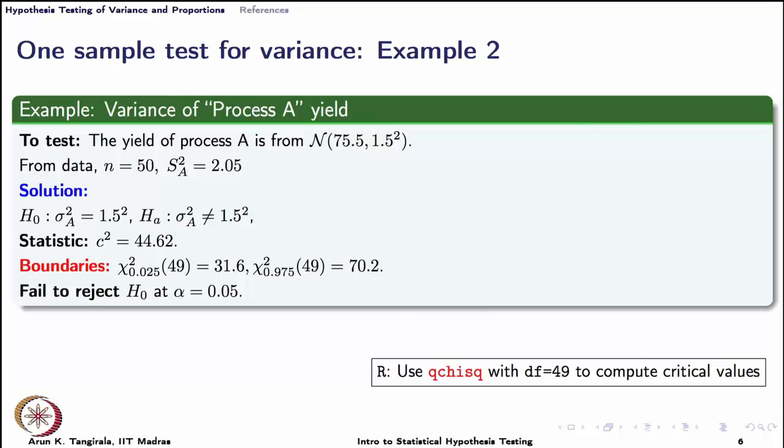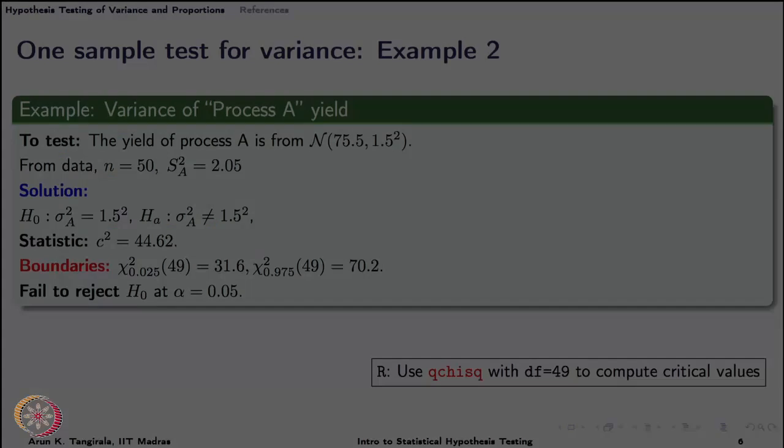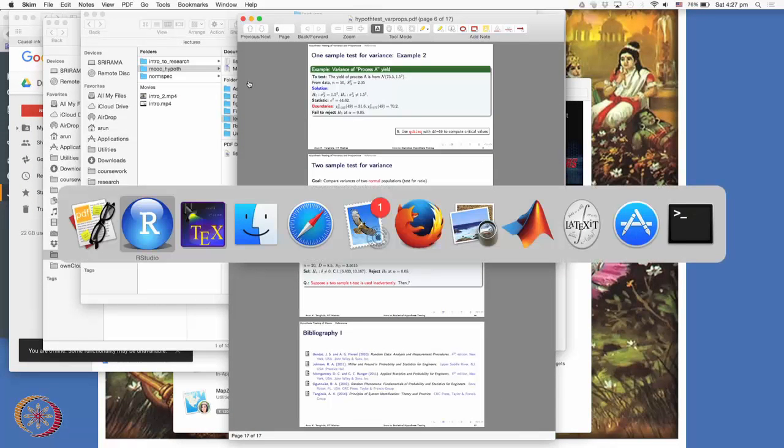Therefore, now the null hypothesis is sigma square A is 1.5 square, that is 2.25 is the postulated variability. We have as before in the previous example that we worked out in the testing of means case, 50 observations in the sample and the estimated variability is 2.05.